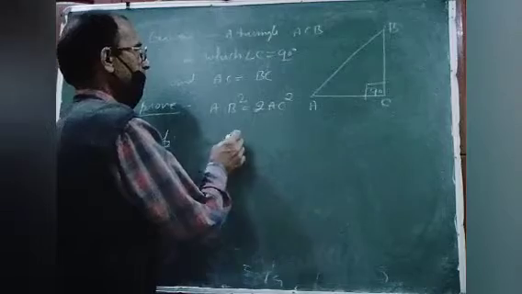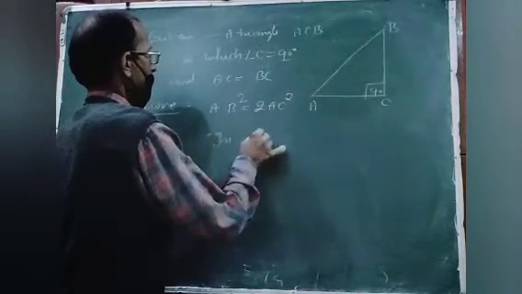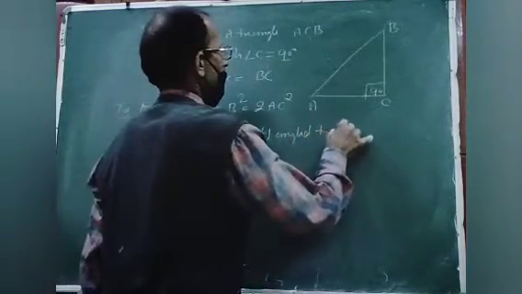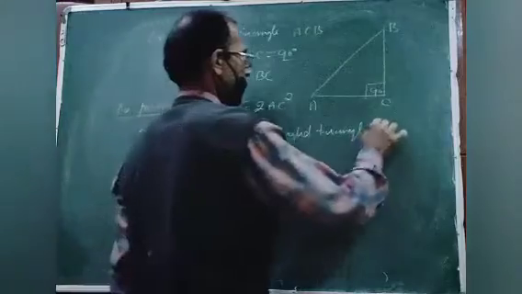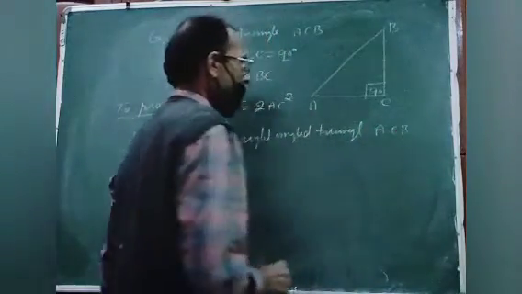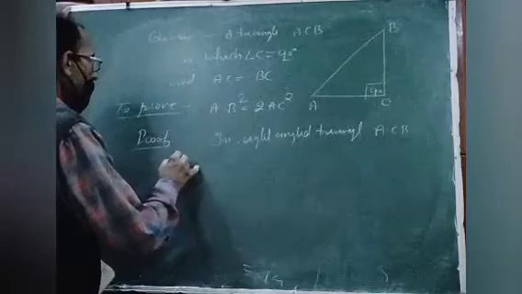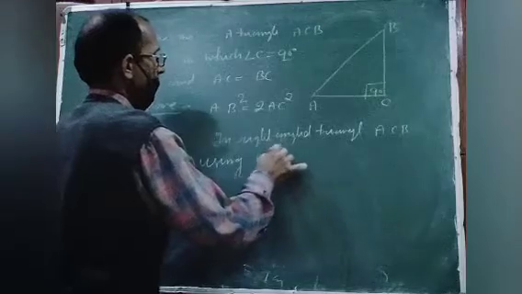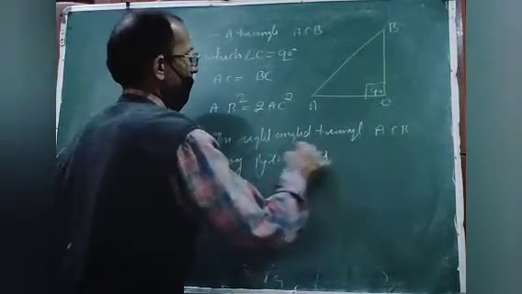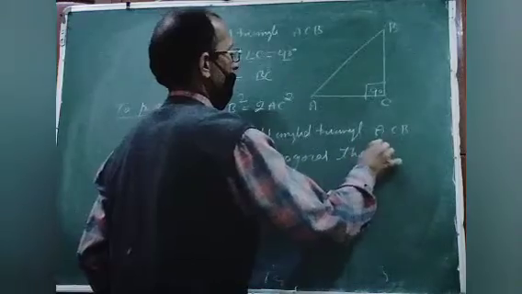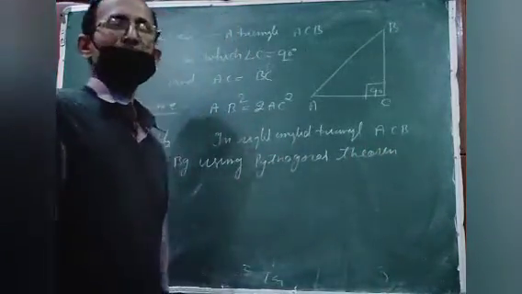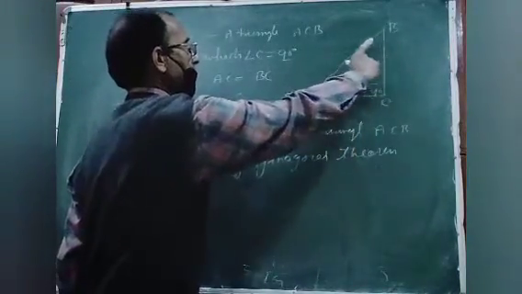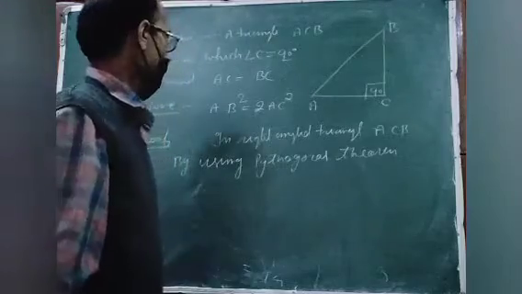Proof. In right angle triangle ACB, by using Pythagoras theorem. What is Pythagoras theorem? If triangle is right angled, then base square plus perpendicular square will be equal to hypotenuse square.